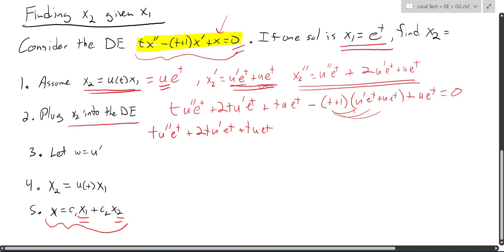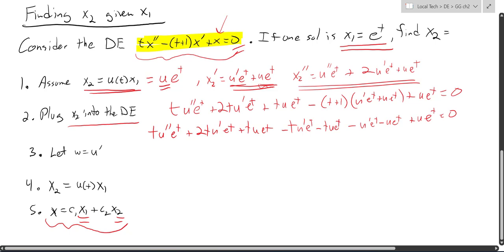That will give me t u prime e to the t plus t u e to the t, plus 1 times everything, so that's plus u prime e to the t plus u e to the t. And then all that stuff times negative, so negative, negative, negative, negative as I distribute that negative sign, plus my last u e to the t. So a lot of tedious work here.